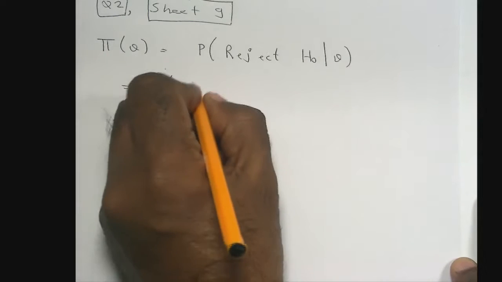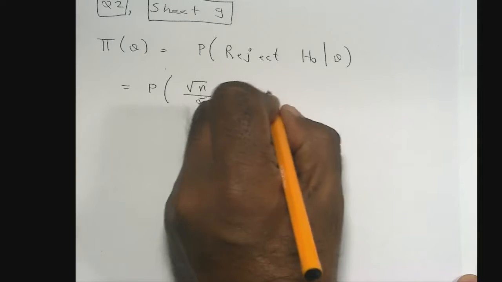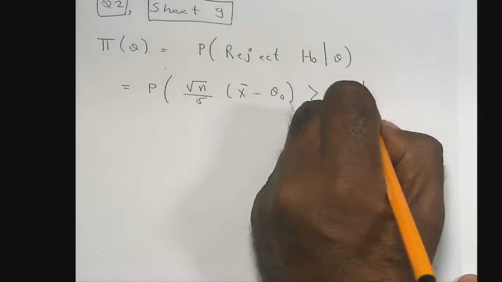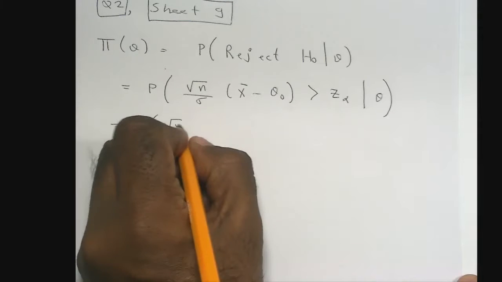The only difference is just the sign of inequality. So the sign of inequality will be greater than z alpha given theta. Apart from that, everything else is pretty much the same.